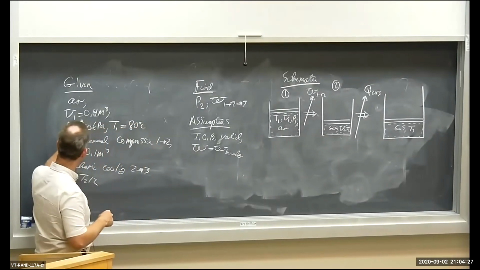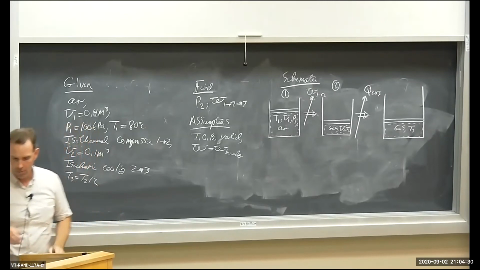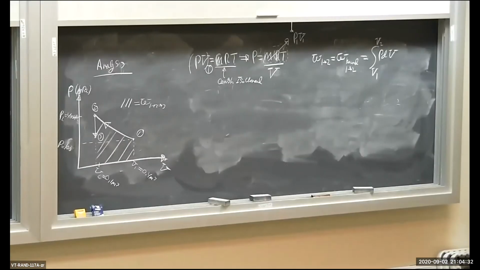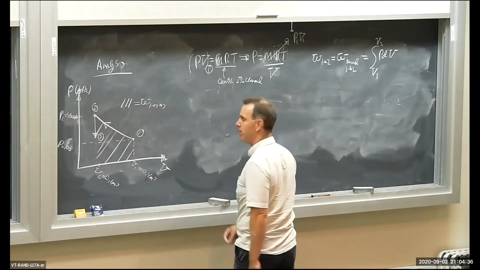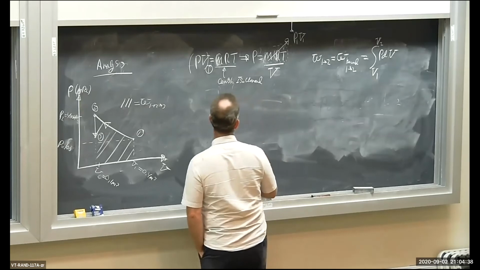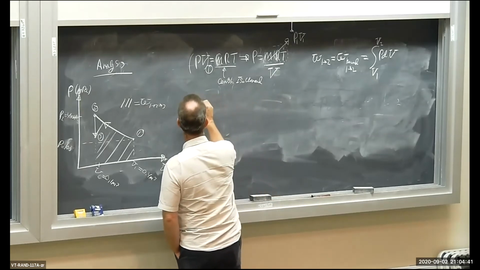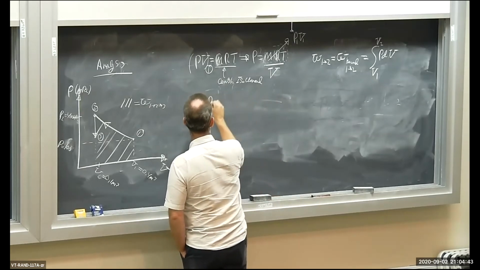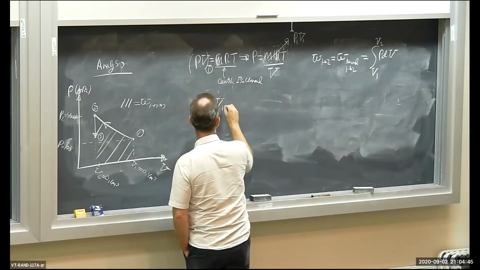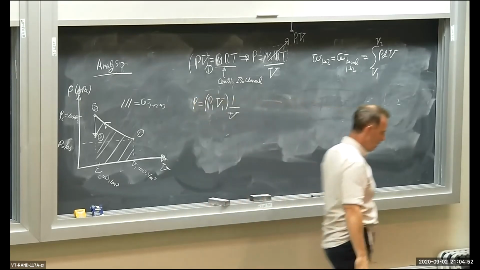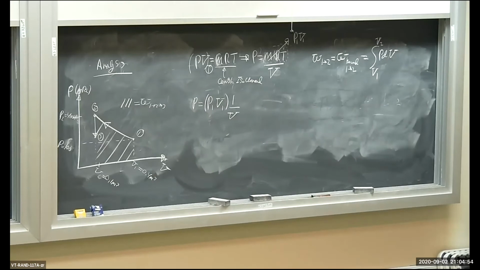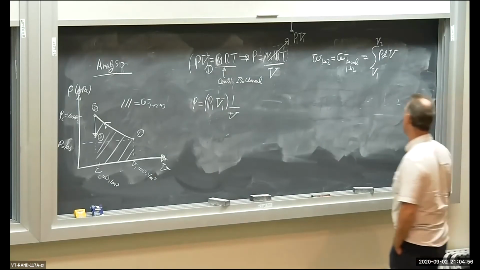That's on the path. I'm going to use what I know and a little bit of algebra instead of cranking out the mass. I don't need the mass. So this is going to give me pressure is equal to P1 V1, and then I have 1 over volume. Okay, so that's pressure from state 1 to state 2 along the path.